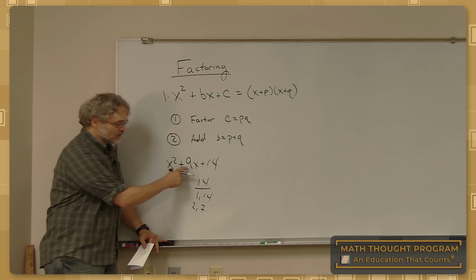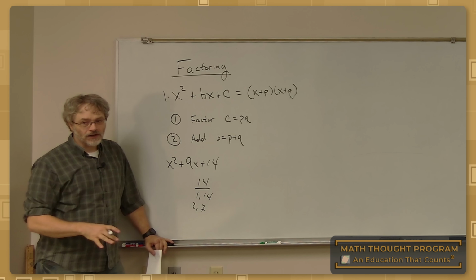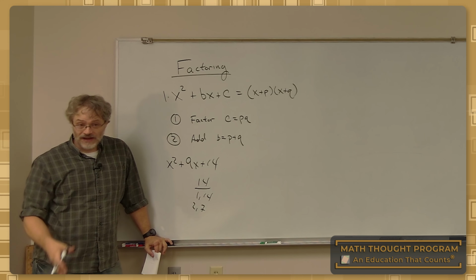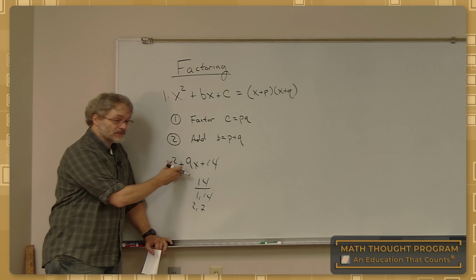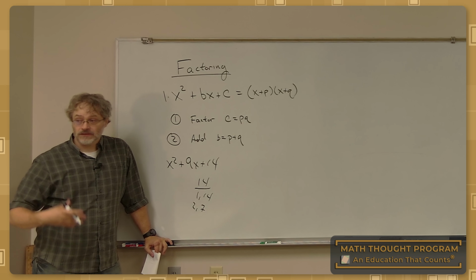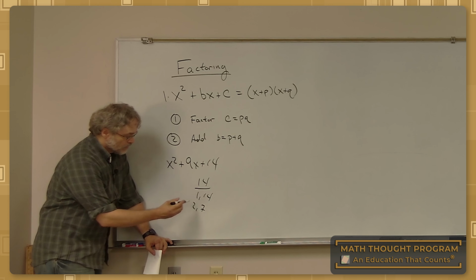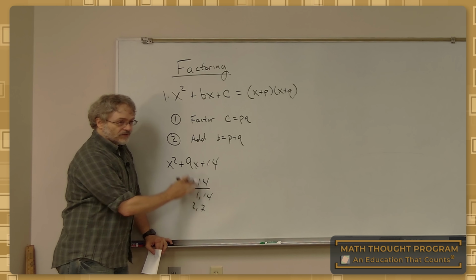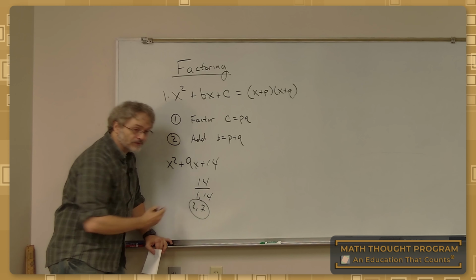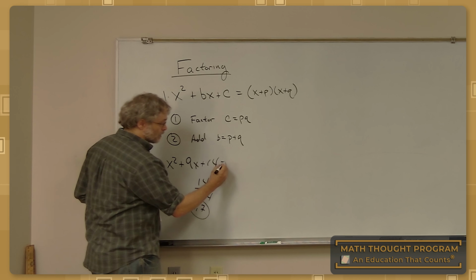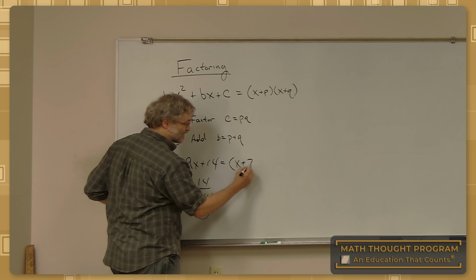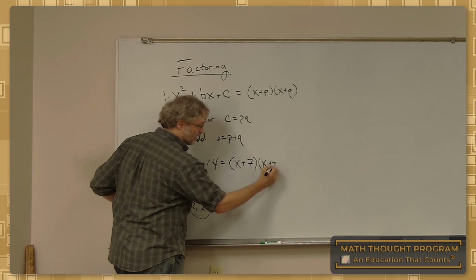I do see that both these values are positive, so I'm probably not going to worry about the negative factors. If one of the signs up here was negative, then I might want to consider the negative factors. So I would just ask myself, what sums to the value of 9? And we see very clearly it's going to be the 2 and the 7. So this will factor as x plus 7, x plus 2.